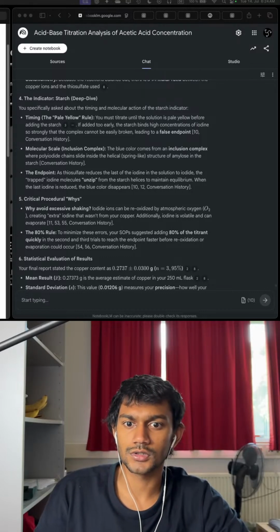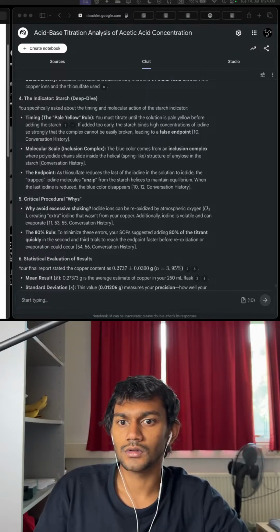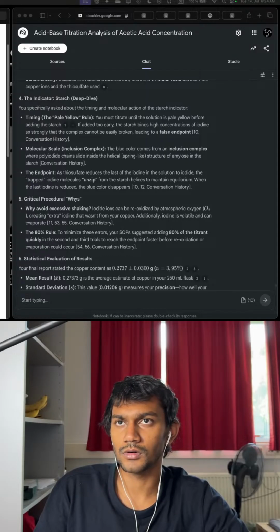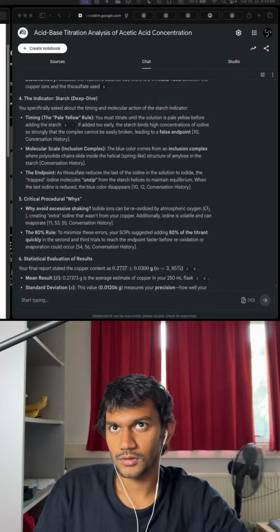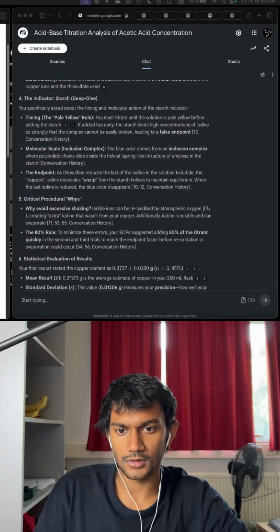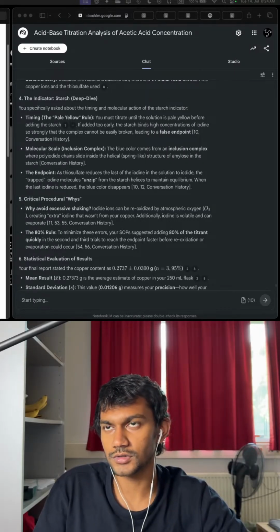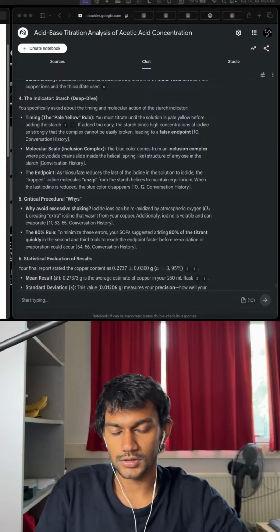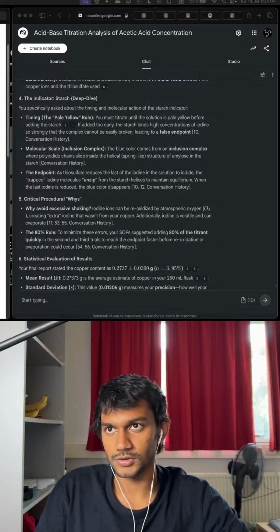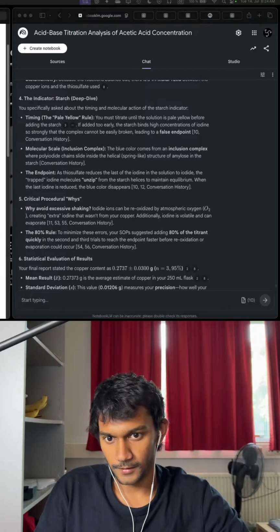The next one is volume of thiosulfate used, number of moles, number of copper ions, mass of copper ions in 250 milliliters. Then we get the mean mass and the 95% confidence interval.